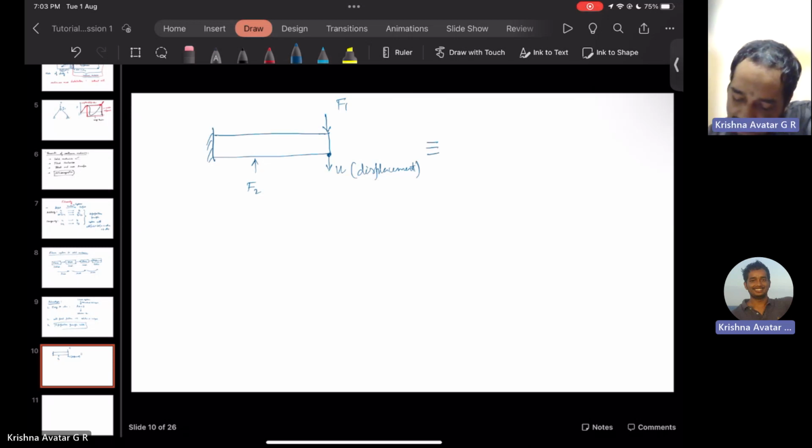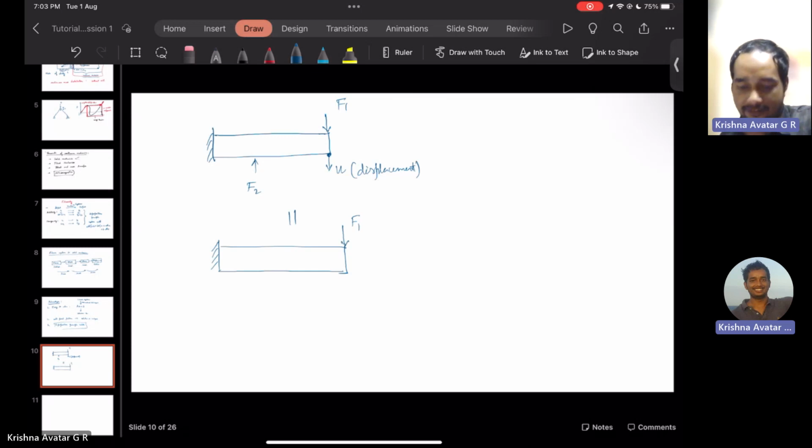Okay. We have the same cantilever beam. And what we do is, let's apply the loads one by one. F1 we are applying first.